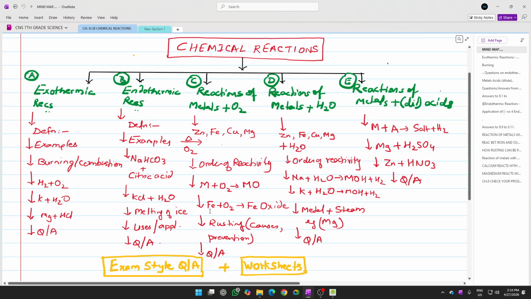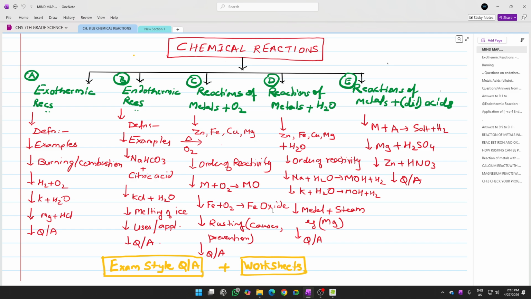For example, Fe is iron, which reacts with oxygen to give you iron oxide. Whenever iron oxide is formed, this is something called rusting. Rusting is a phenomenon, and it is nothing but the formation of iron oxide.